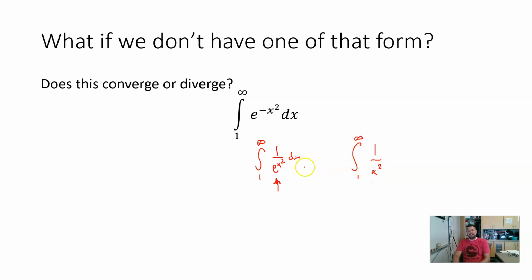So I could compare these two, and I would know that this one over here is below this one. So although I might not be able to find out what it converges to, I would be able to tell that this is convergent because I know that the values of 1 over e to the x squared are always below the values of 1 over x squared.